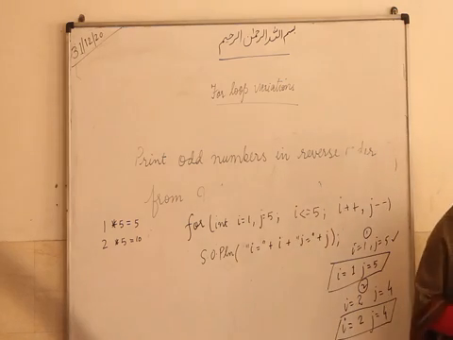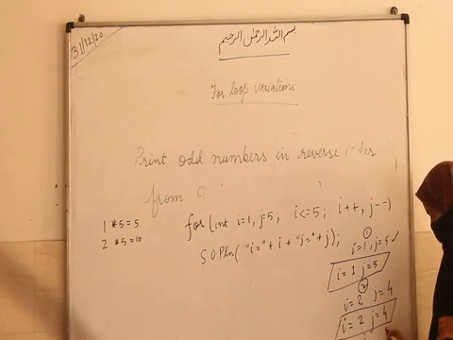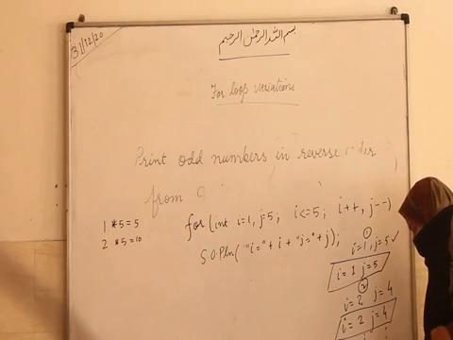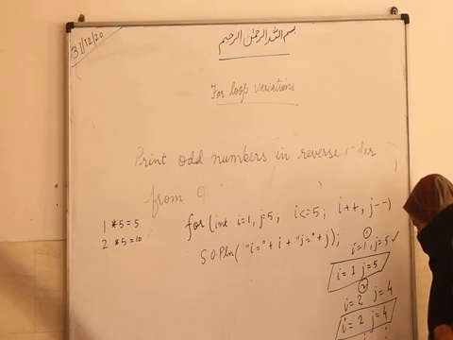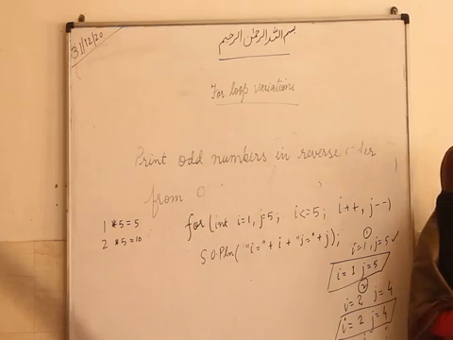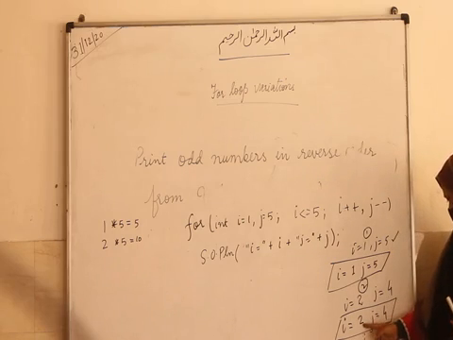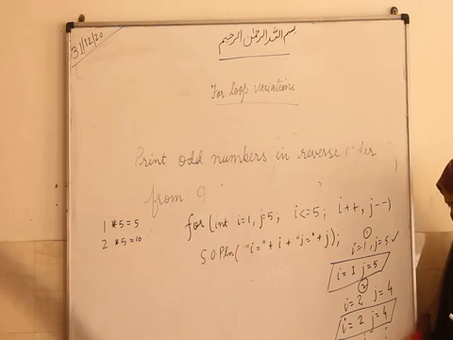Similarly, the output will be printed up to i equal to 5, j equal to 1. Here i will become 3, then 4, then 5, and j will become 4, then 3, then 2, then 1.